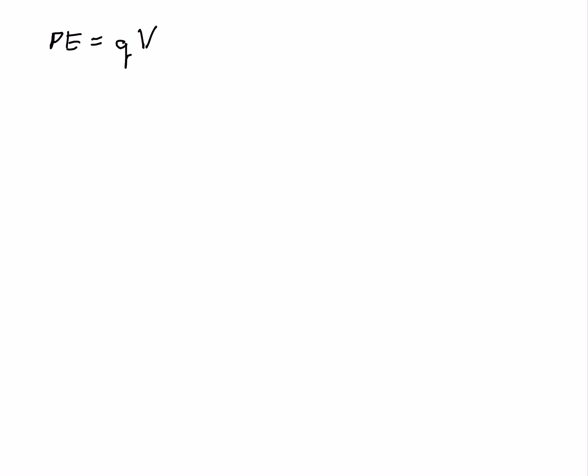Now one last thing I want to talk about concerns units. We talked about how the potential energy is equal to the charge times the voltage. And this definition gives voltage a unit of joules per coulomb, also known shorthand as volts. Well, there's another unit for energy, and this unit of energy as opposed to joules is called the electron volt.